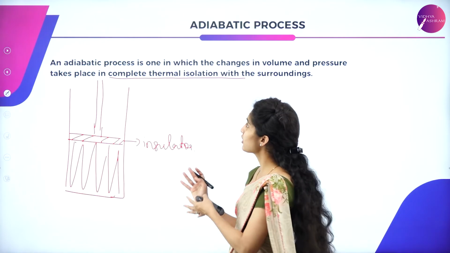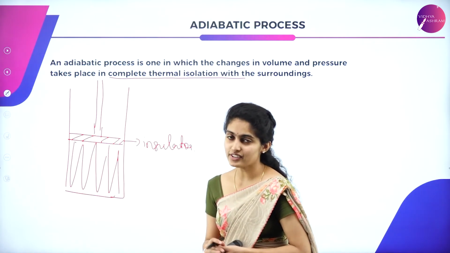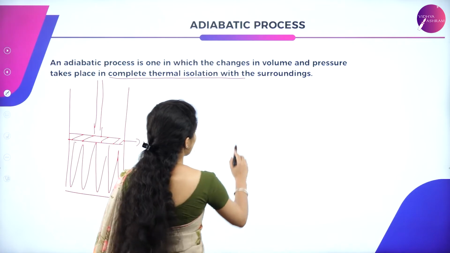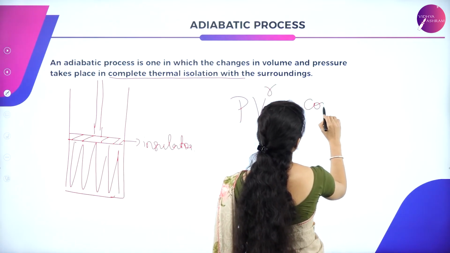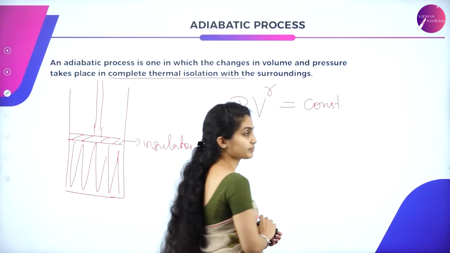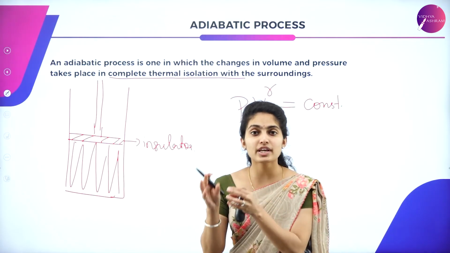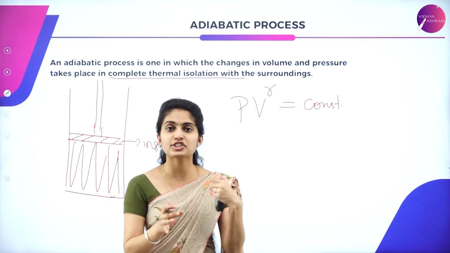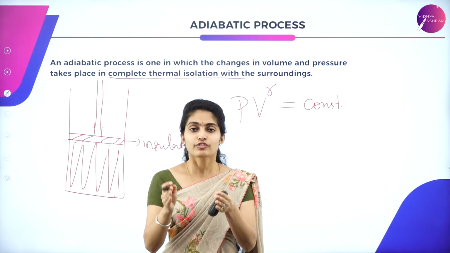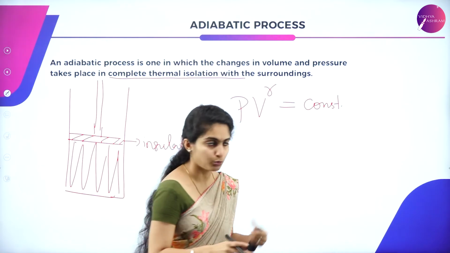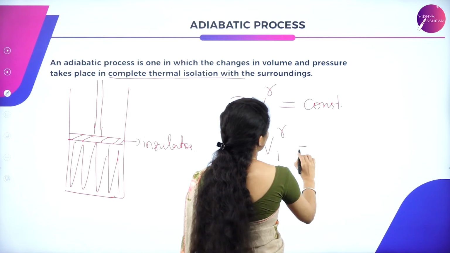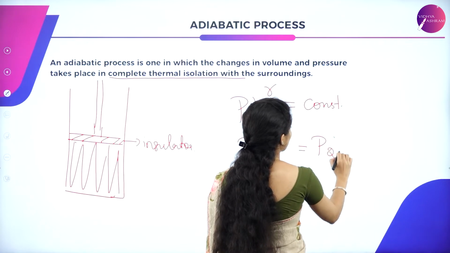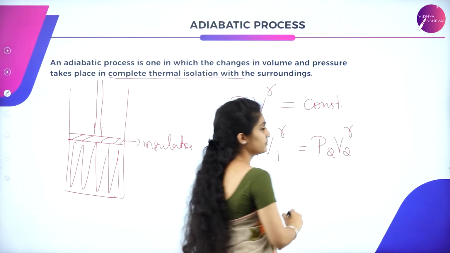Okay, so that is all about your adiabatic constant, which is given by PV gamma is equal to constant. So we have at pressure P1 and at pressure P2, volumes V1 and V2, which can be given as P1 V1 gamma is equal to P2 V2 gamma.